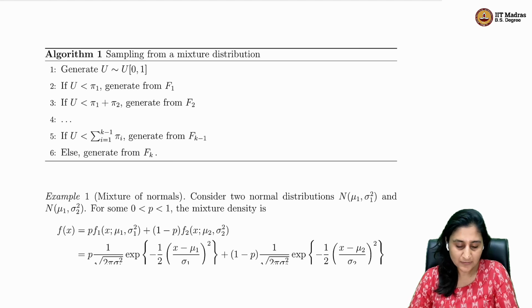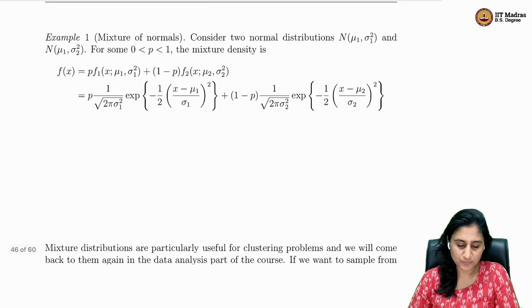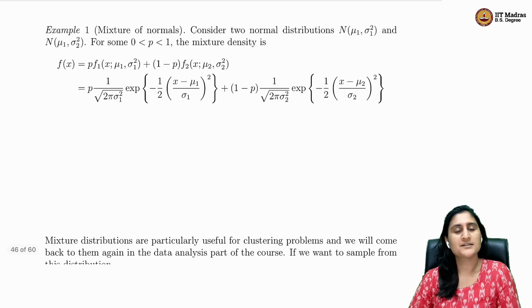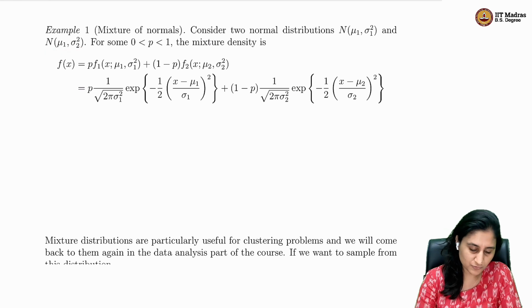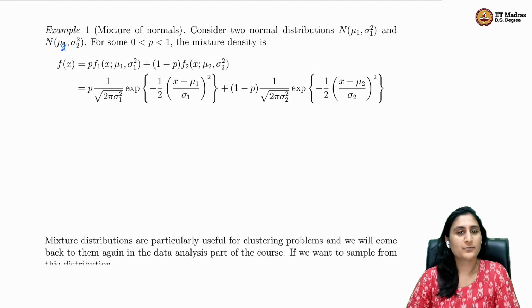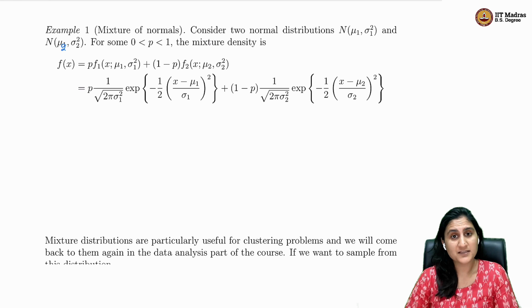Okay, so let's actually look at an example of what a mixture distribution looks like that's practical and useful. Our first example is that of a mixture of normals. So consider two normal distributions, Normal(mu_1, sigma_1 squared) and Normal(mu_2, sigma_2 squared), for some p between 0 and 1. This p corresponds to our pi's before.